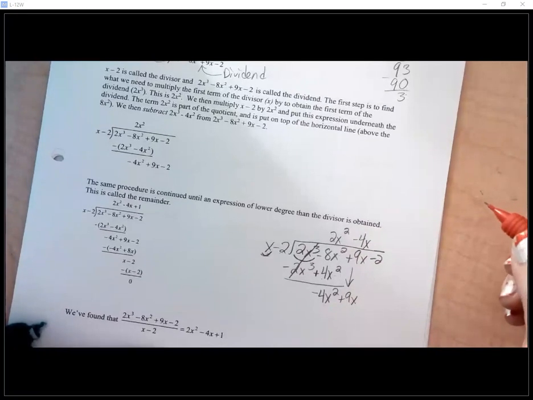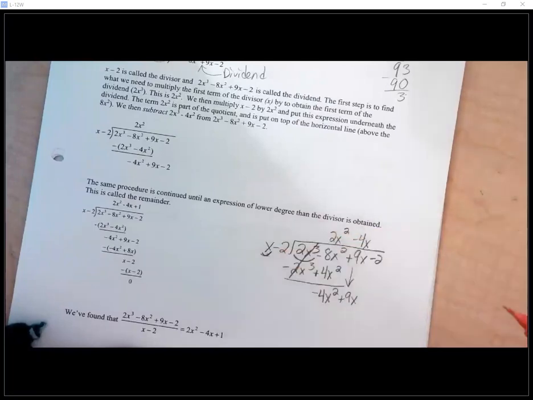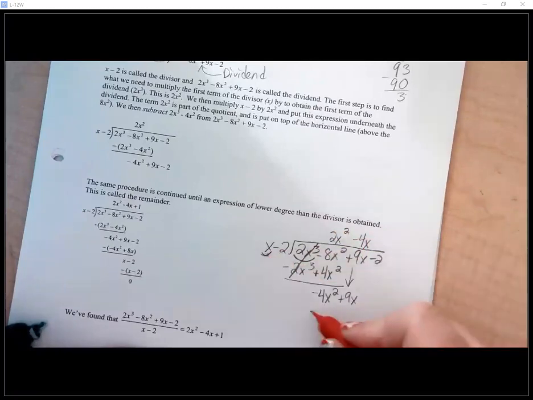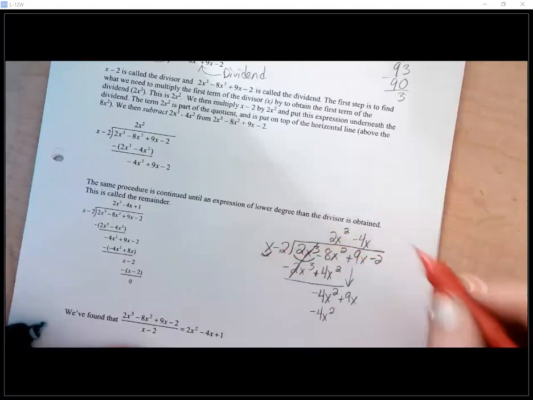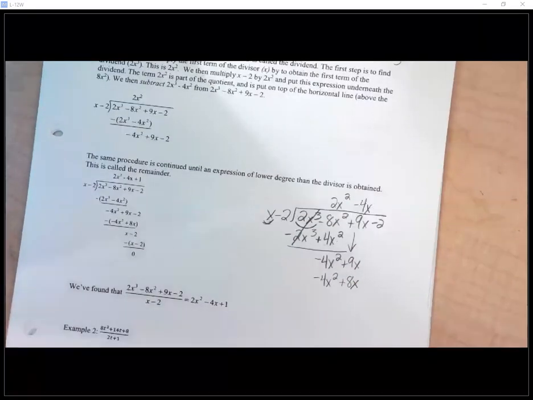Now I need to take negative 4x and multiply by everything out in front. So negative 4x times x is negative 4x squared. Negative 4x times negative 2, doesn't that turn into a plus 8x? Are you with me so far? But now what do I do?